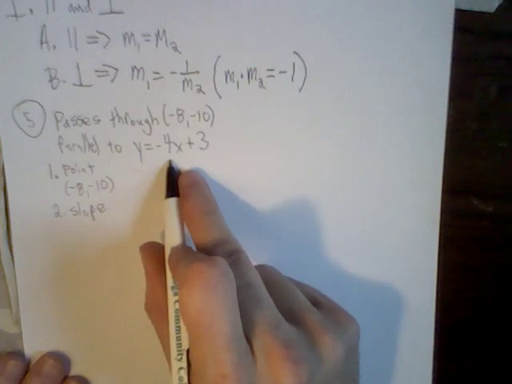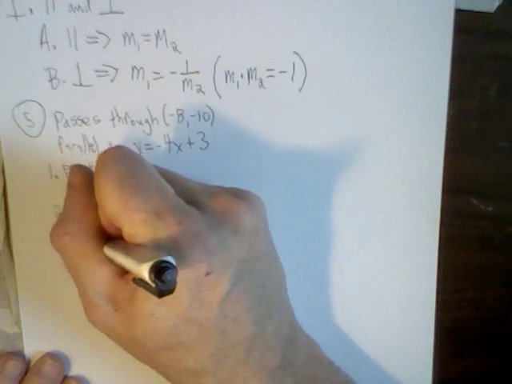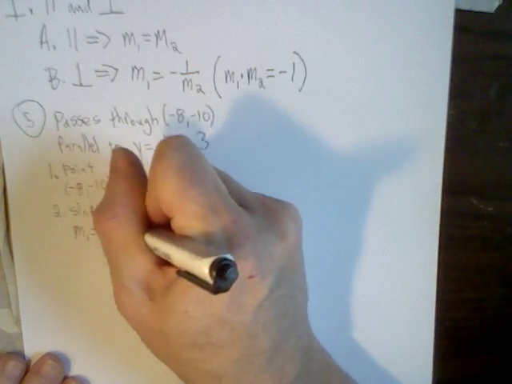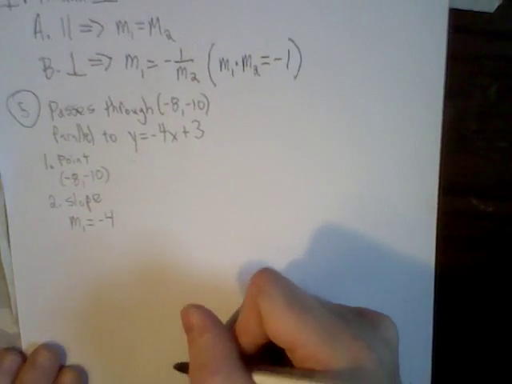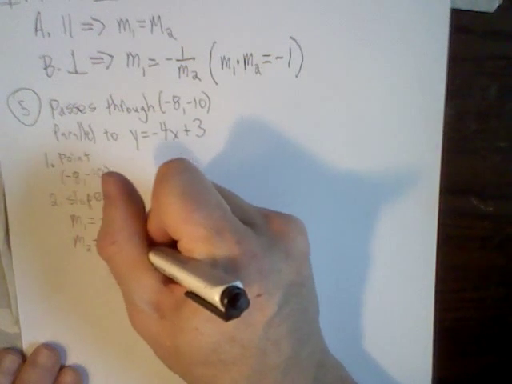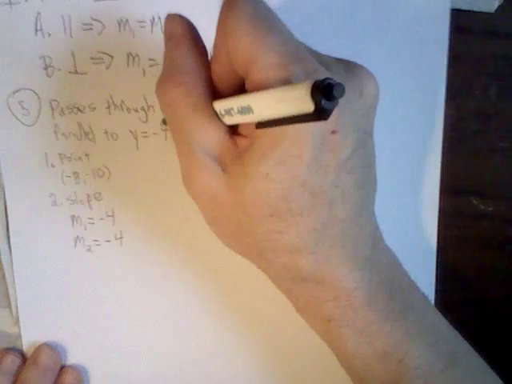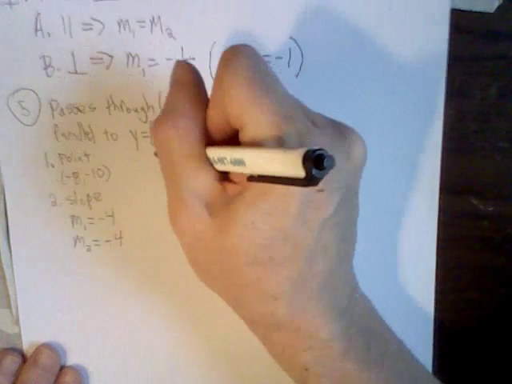So the slope of this line is -4. So maybe we can say the slope of the given line, m1, is -4. So the slope of our line that we desire, we'll call that m2, must also be -4. And it's all because it's parallel to this line right here.